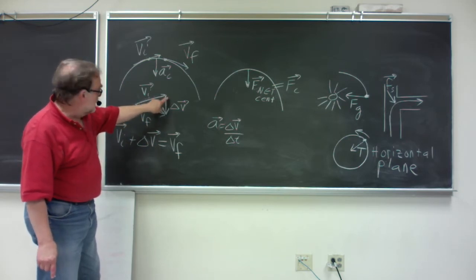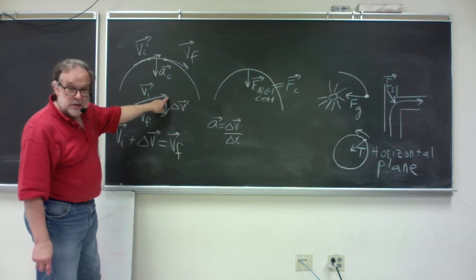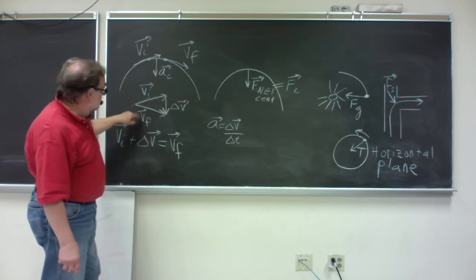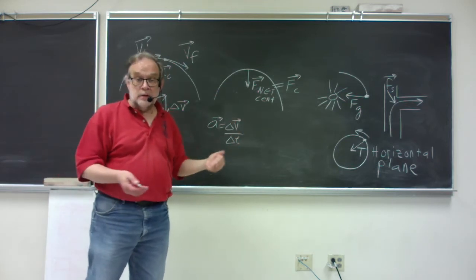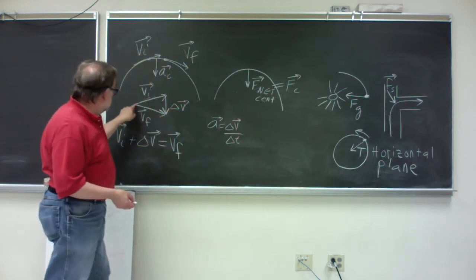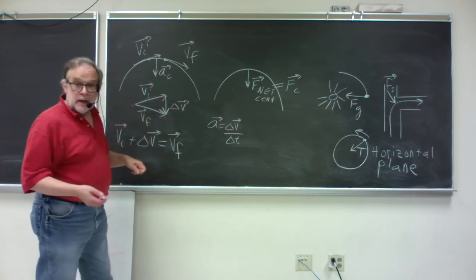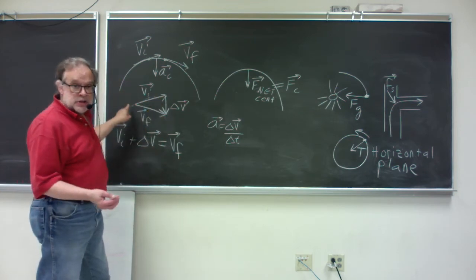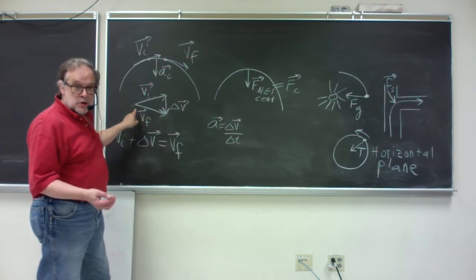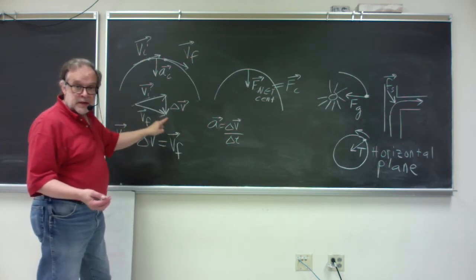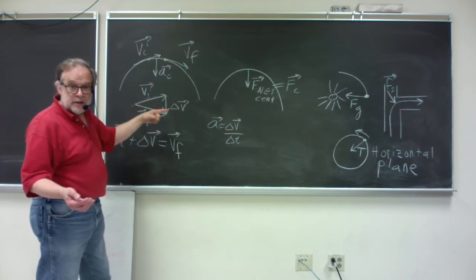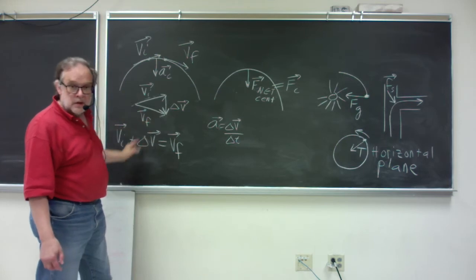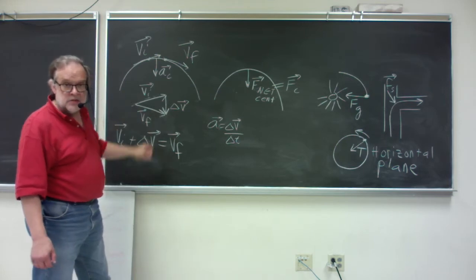The tip of v initial is right at the tail of delta v, and then the net result of adding those two vectors is a path that took you from here to here. So an arrow that takes you right from the beginning to the end of the path, that's the sum, the net result of adding these two. Like the sum of v initial plus delta v is v final.